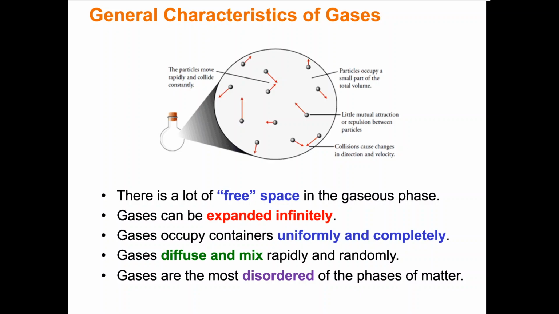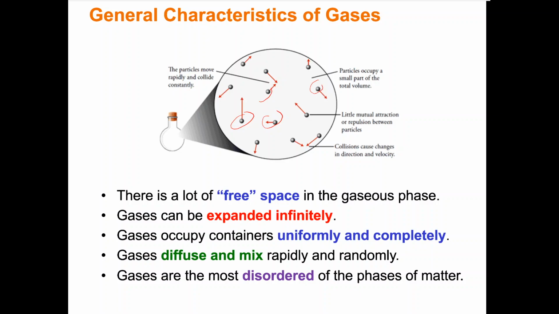Okay, so let's talk about some of the general properties of a gas. The first thing to think about when you think of a gas is a body that has mostly free space. It's sort of how we talk about the actual atom itself. This is something we dabbled on in the first chapter. We said that gases are our least dense form of matter.